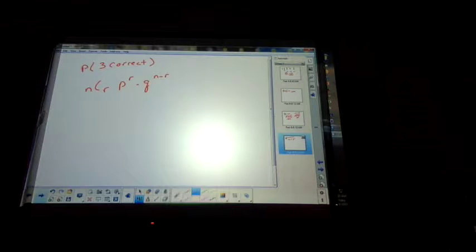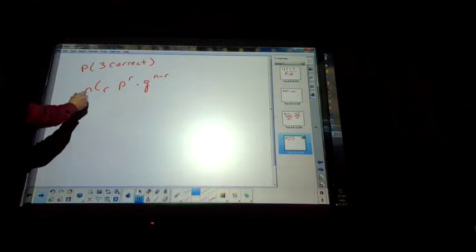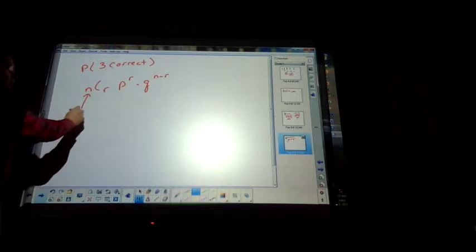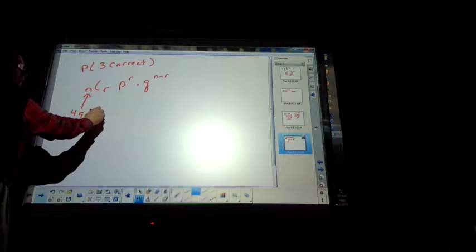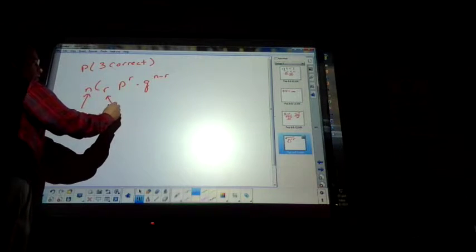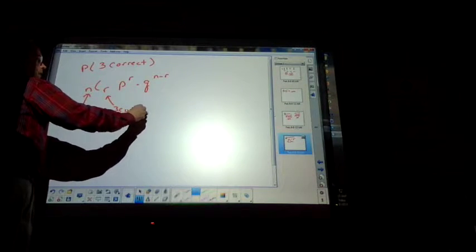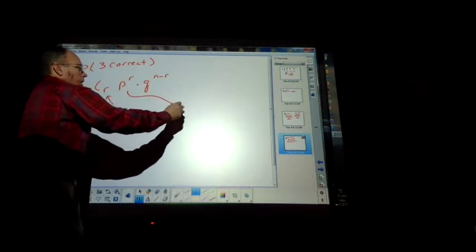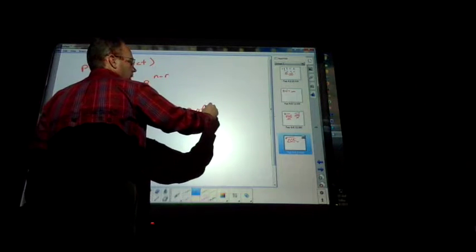How many questions do we have to choose from still? How many questions are still left on our test? There's 4, with 5 outcomes each time. So I have 4 questions left that are blank, and I have 10 seconds, I gotta go A, B, C, D, or whatever. I want to get 3 correct, and this is going to be the probability of right.